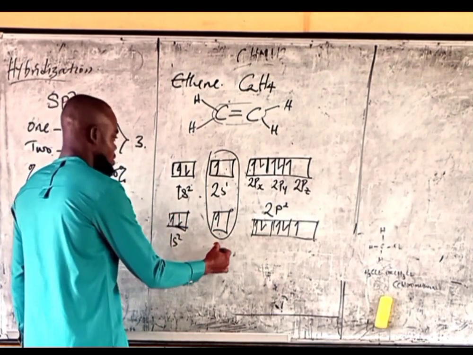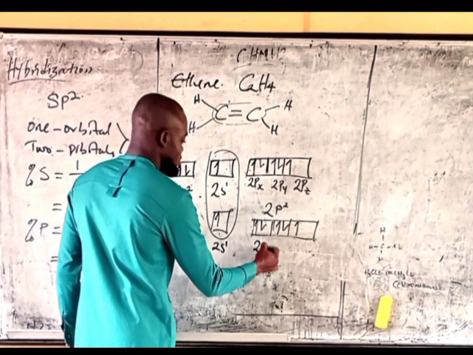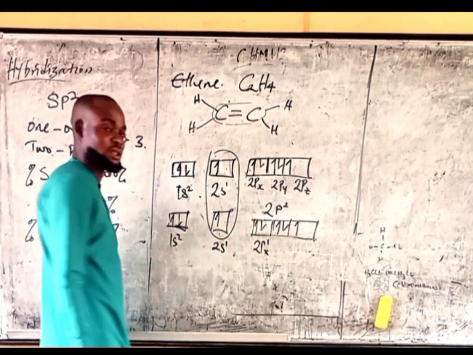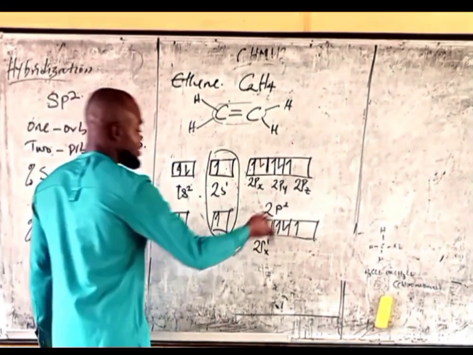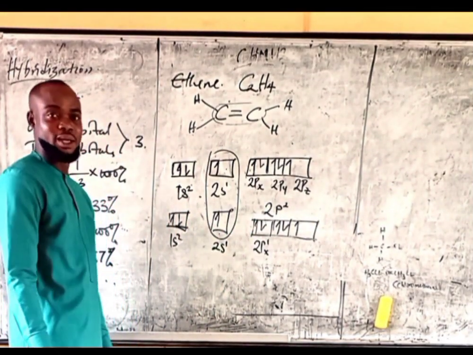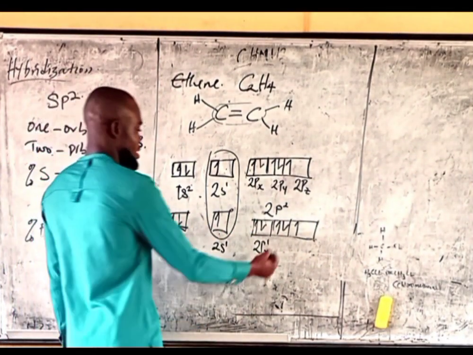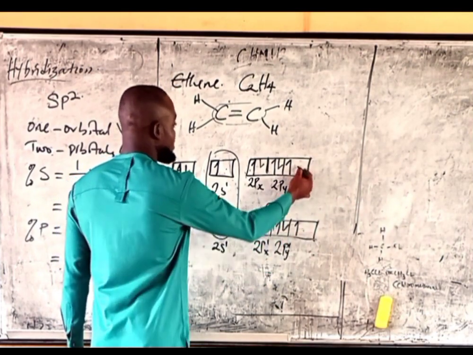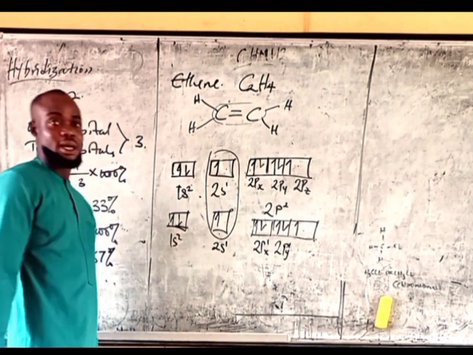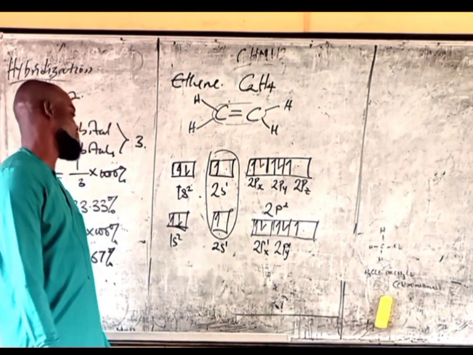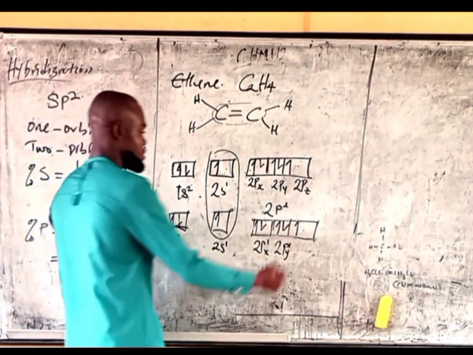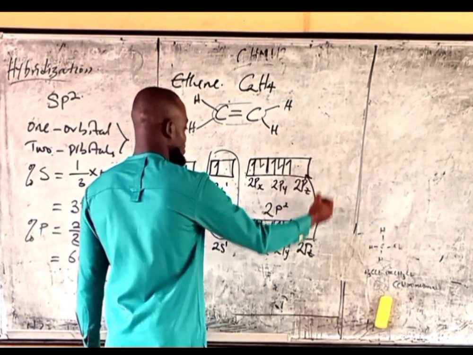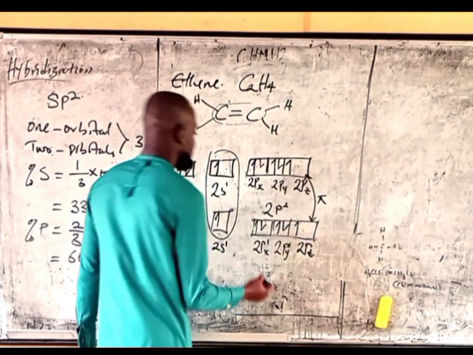This is 2sp2 and 2px1. And remember, the second bond is not a p orbital, it's hydrogen, which is 1s1. And the other one, we have 2py1. Then these two are not hybridized, so we call them unhybridized orbitals. This is 2pz, and this and this will overlap to form a pi bond.